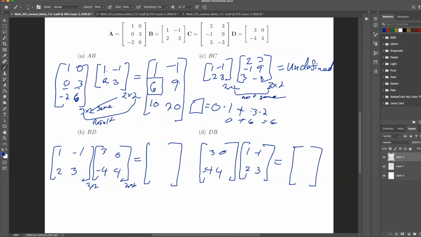So if I was going to write an answer, that's how you write it out. I'm going to show you how to do this in Wolfram Alpha. Actually, just do B, and we'll do D in Wolfram Alpha.